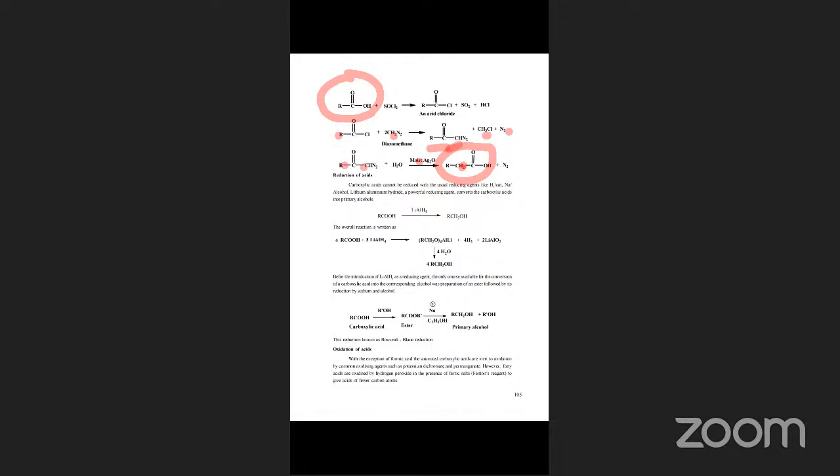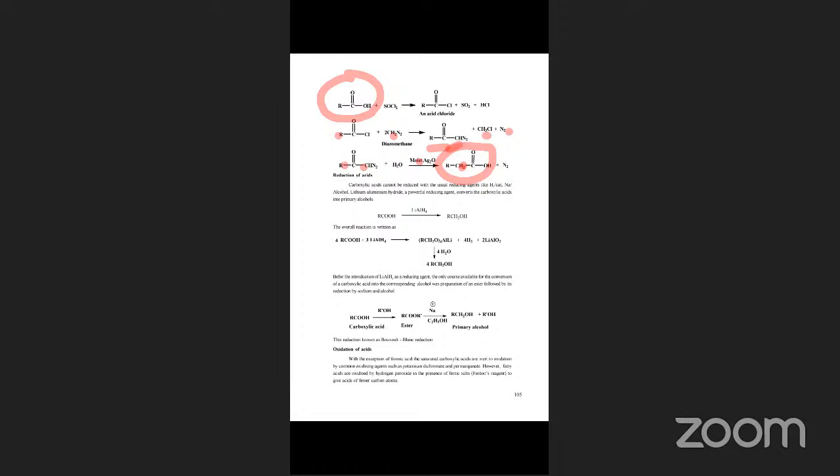Clear? Yes, sir. Okay, now this is a mechanism and very, very important. Schmidt reaction, Reformatsky reaction, HVZ reaction. Now you have to write the question, chemical properties of carboxylic acid. You have to write these answers also. Don't go for any other.